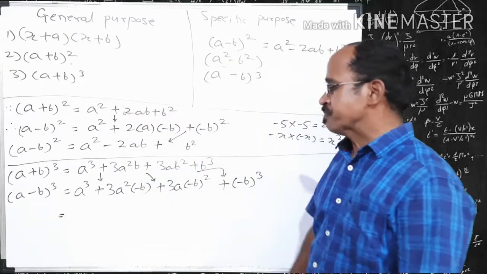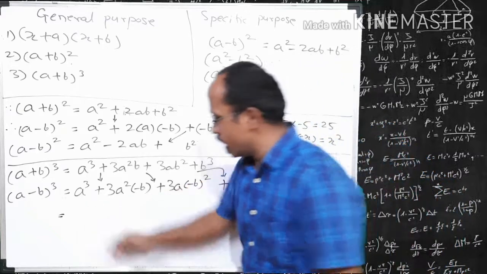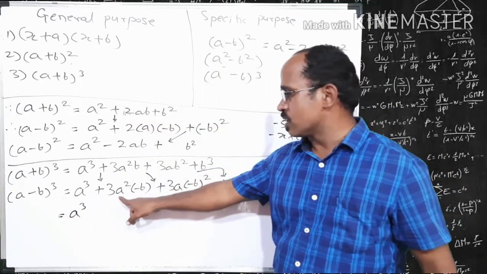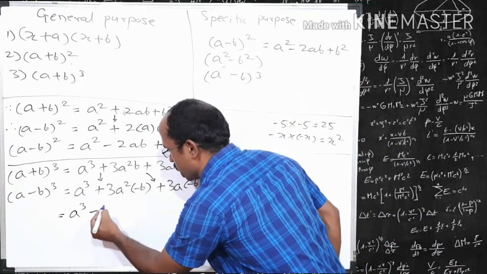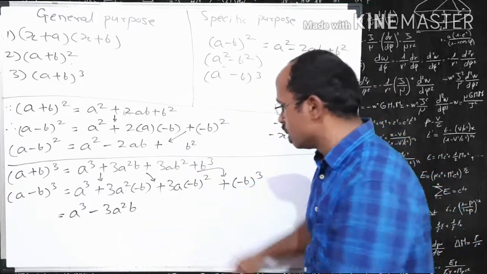Now, a cube, according to Bodmas, we will just keep on solving. A cube, plus 3a square into minus b, which is plus minus minus 3a square b.